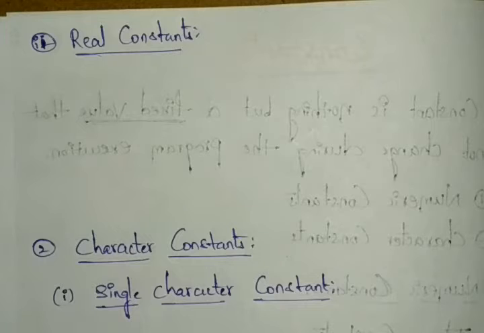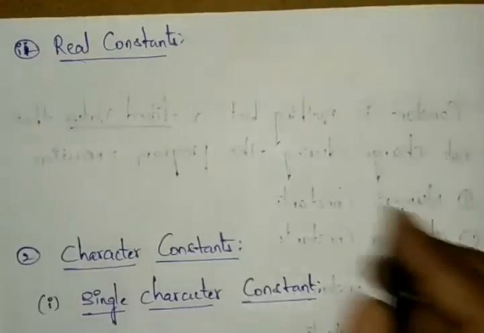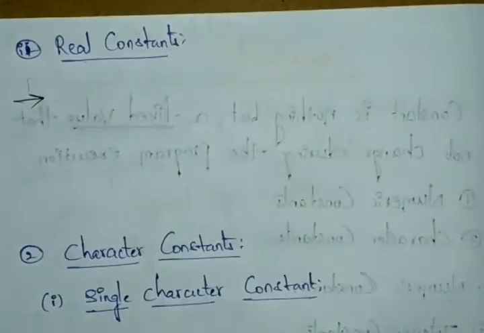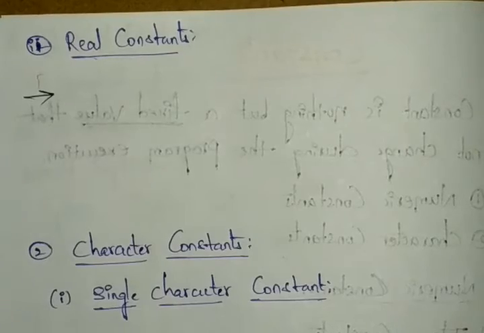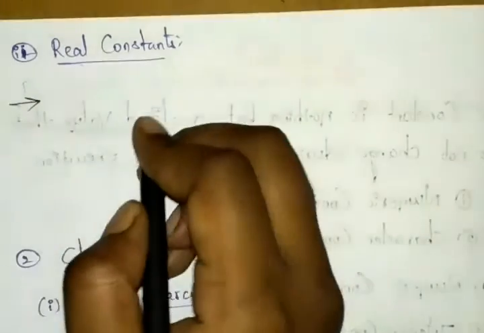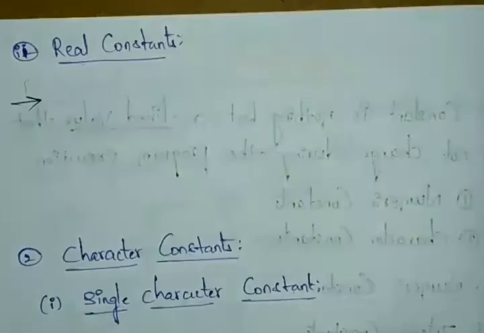By using real constants we can work with fractional points, right? Whatever we perform with integers, the same we perform with real constants, but these will have fractional points.